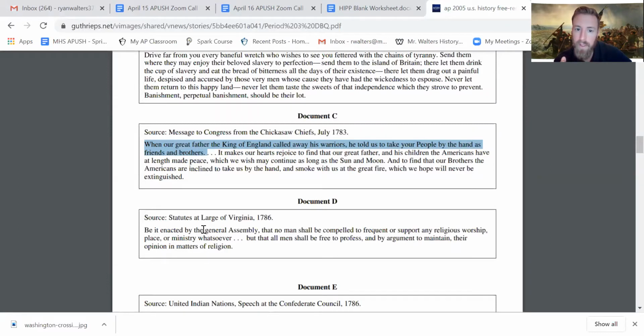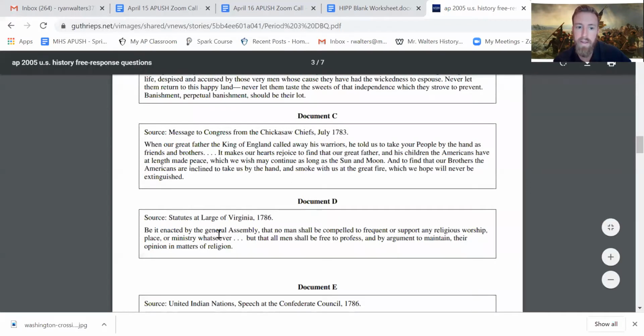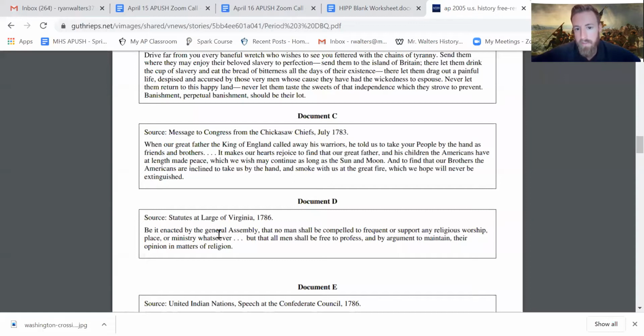"When our great father, the King of England, called away his warriors, he told us to take your people by the hand as friends and brothers." Even though there's this disruption, even though there's a back and forth, it does appear that they're making this out, and you see this here, as children of the Americans have at length made peace, that they're saying, despite our frustrations and back and forth, we've really gotten along well with them at this time.